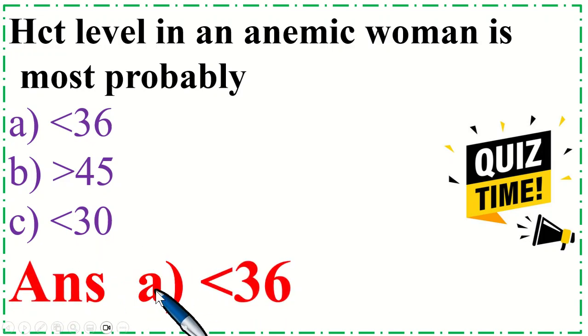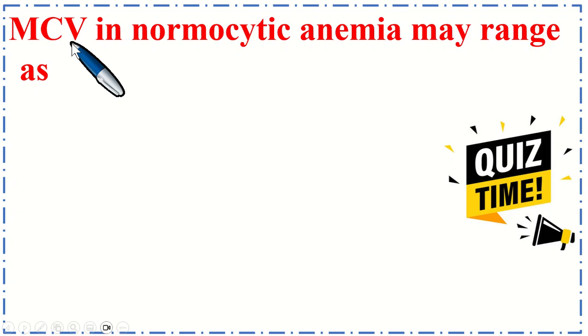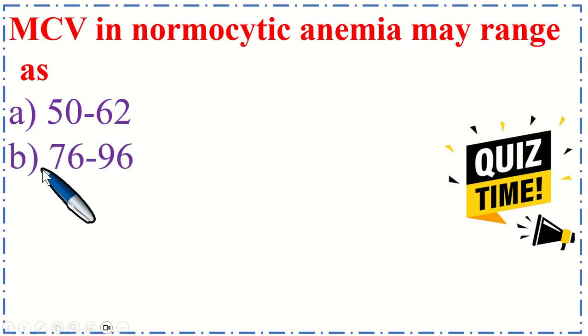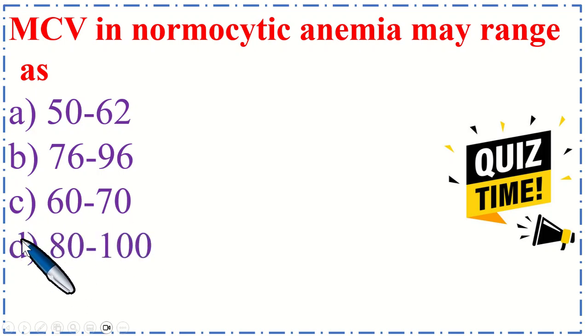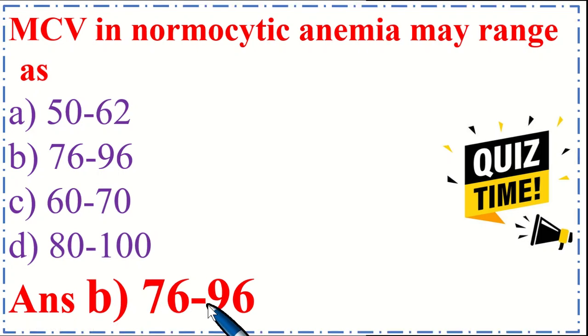Correct option is A less than 36. MCV, mean corpuscular volume, in normocytic anemia may range option A 50 to 60, B 76 to 96, C 60 to 70, option D 80 to 100. Correct option is B 76 to 96.